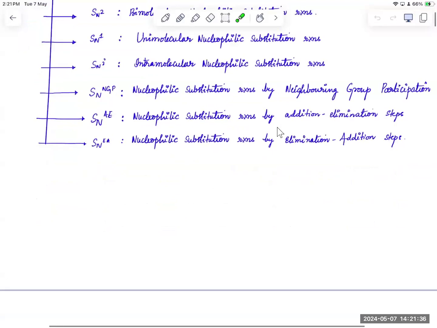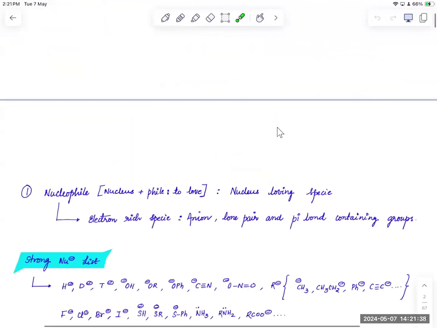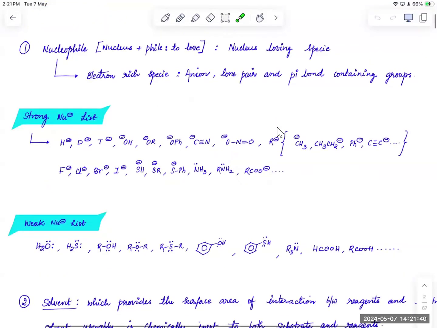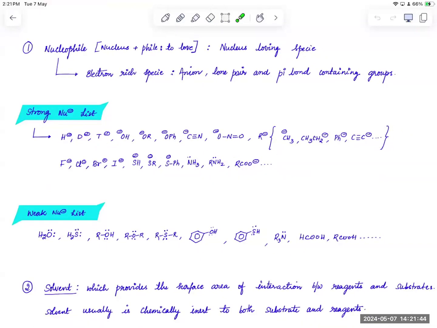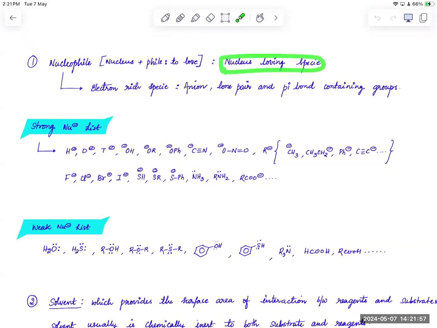Let's see this. First, we need to understand what a nucleophile is. Nucleophile basically is a nucleus-loving species, right? That is called a nucleophile.